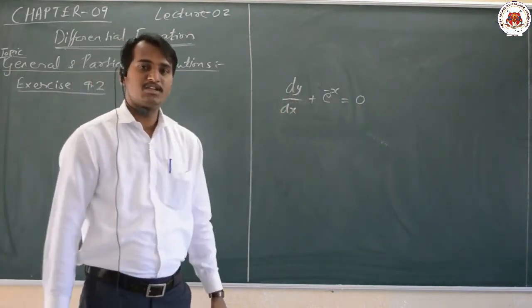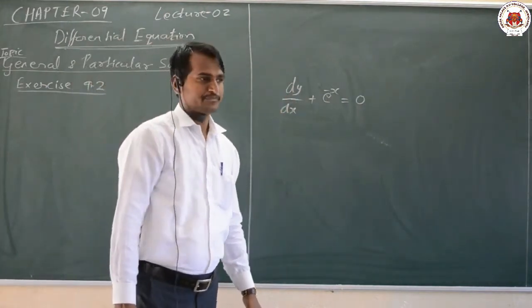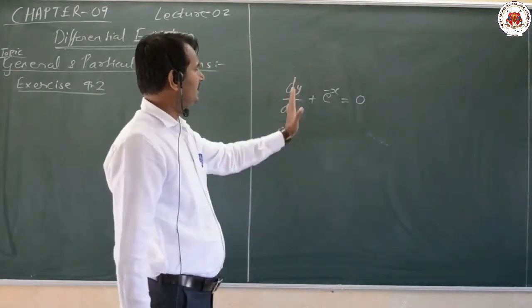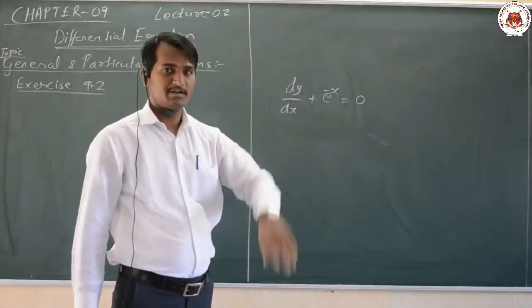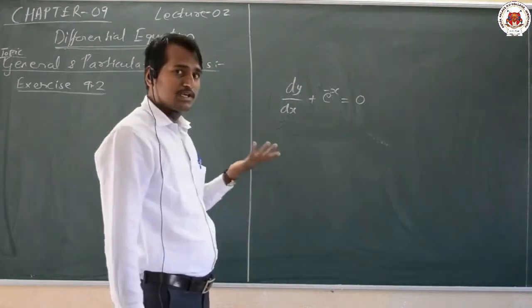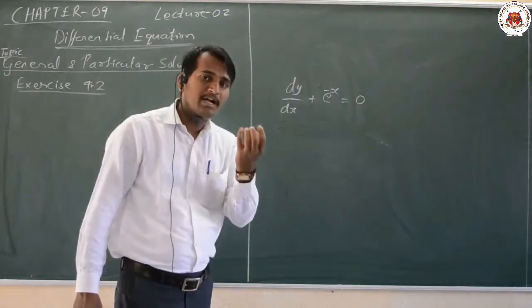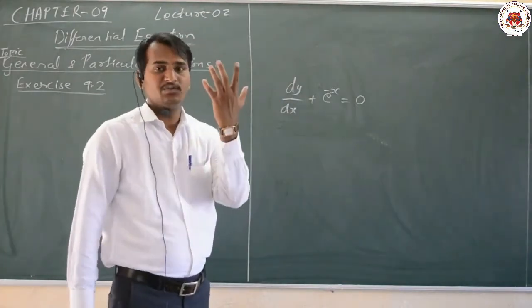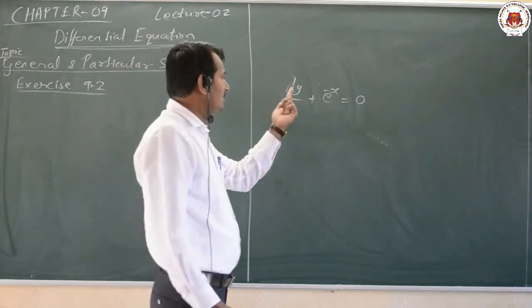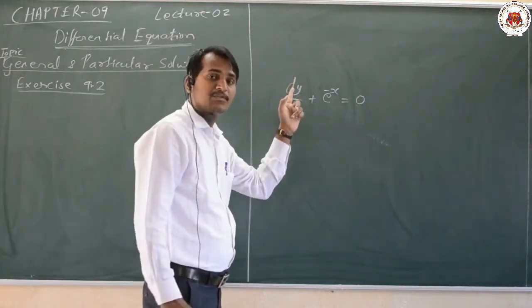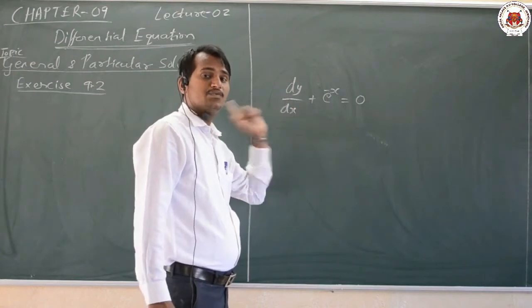Here d by dx is a differential operator. How to find its solution? Solution means I need to find the value of the dependent variable. The dependent variable here is y. This value I require to find.